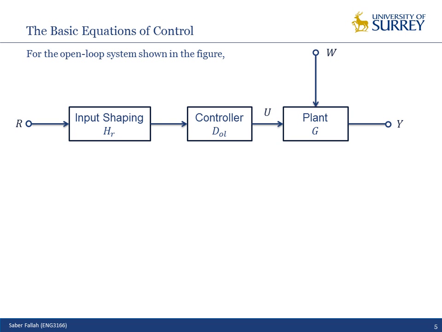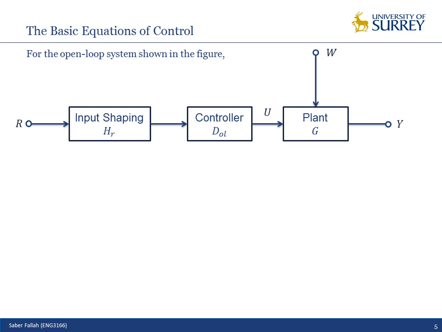But as we discussed last week, the most important thing for us is the error between the output and input signals. The objective of a control system is that the response is close to, or exactly the same as, our desired input, which is the reference input. In order to have a sense of whether the response is close to our reference input or not, we need something as a baseline.